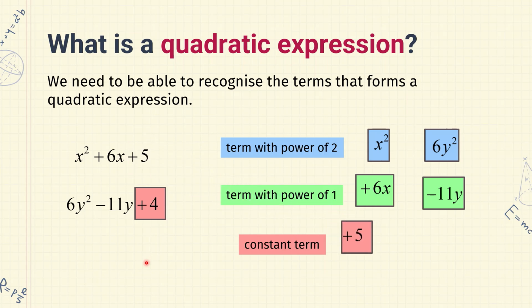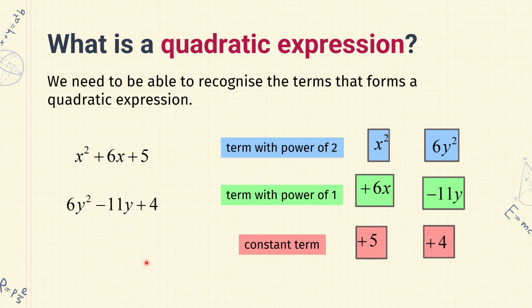So that will be our plus 5 and our plus 4. I hope this helps you to recognize the terms found inside the quadratic expression, and this is very important before we jump into learning how to use the cross method.